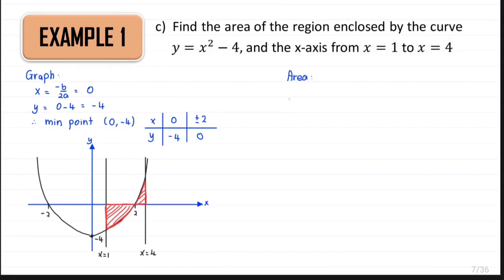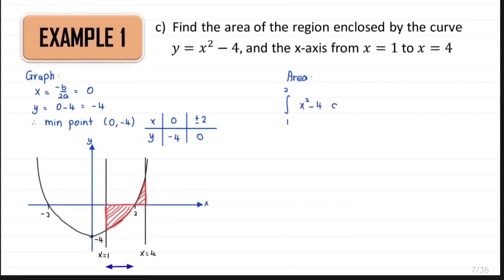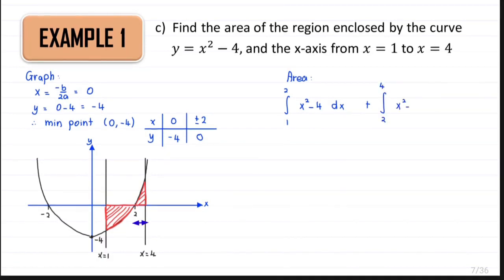For the first area, we integrate from 1 to 2 the function x squared minus 4 dx. We plus the integral from 2 to 4 of x squared minus 4 dx. The first one is below the x-axis, so we put the modulus.